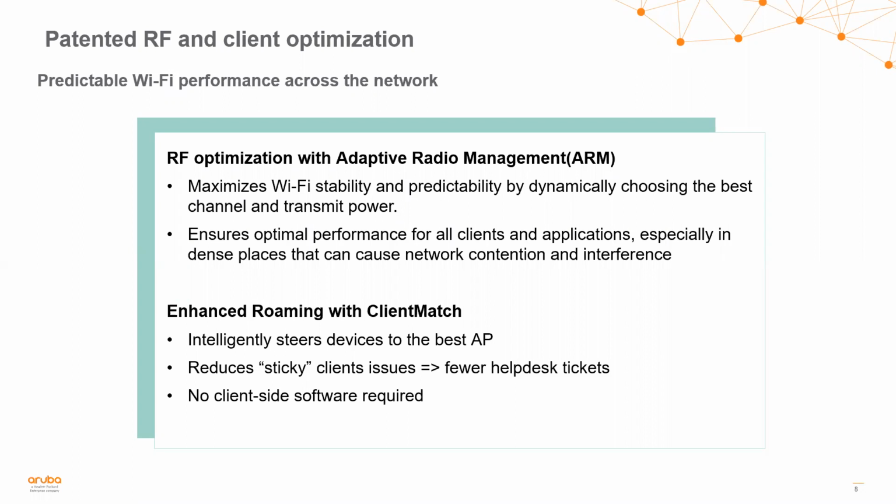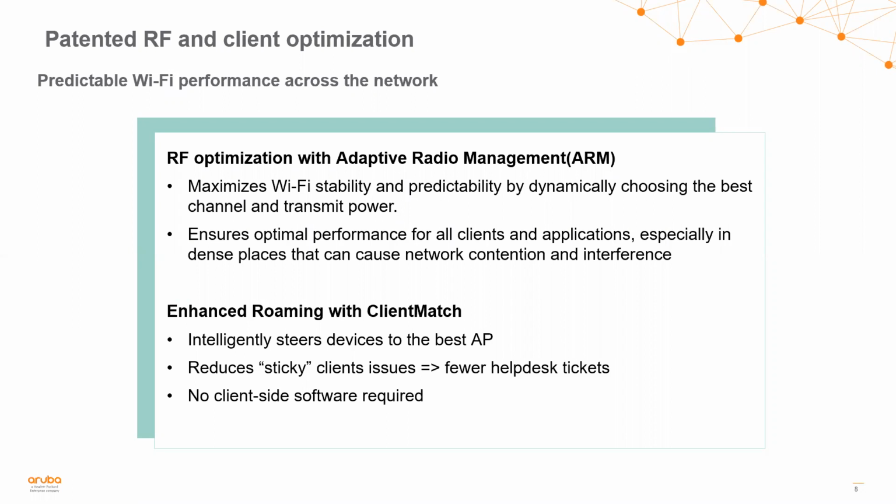Now, as a part of adaptive radio management, you're also getting a really cool feature called Client Match. The best way to think of Client Match is that it's going to make sure that a client is on the best access point for the best wireless experience that they could possibly have. This is the solution that's going to help us with our sticky clients, forcing roams so that a client will go to a better access point. This is going to give us all of our load balancing features.